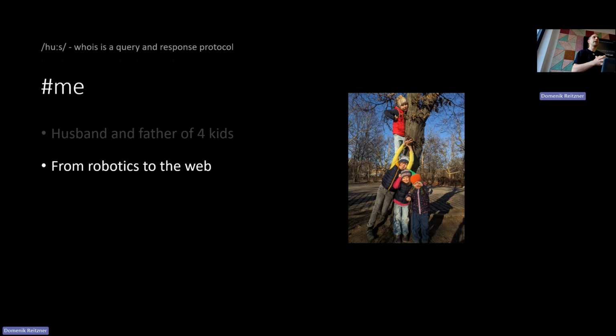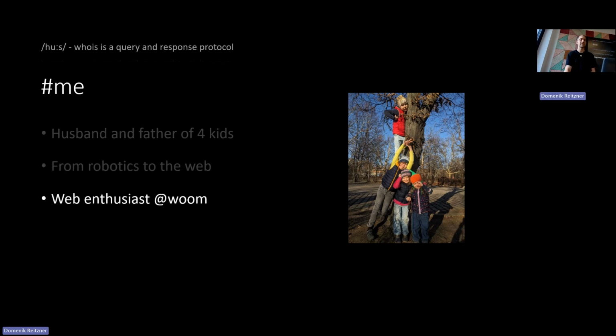First, a little bit about myself. I'm a husband, father of 4 kids, as you see in the picture here. And I originally started out in robotics, but I made my hobby into my passion, into my day job, and I work now in web technologies.